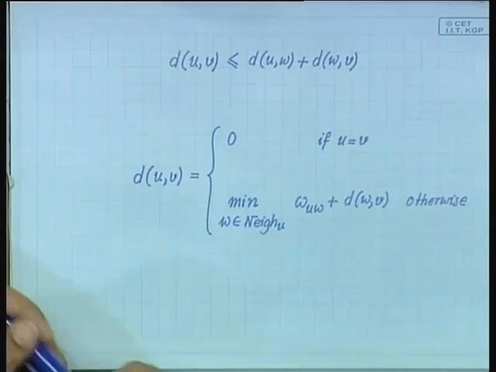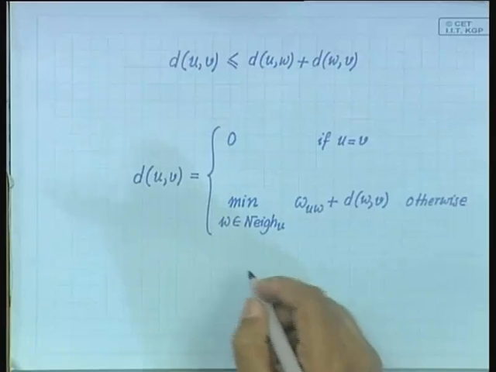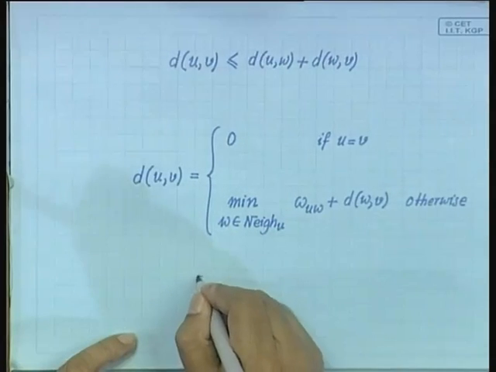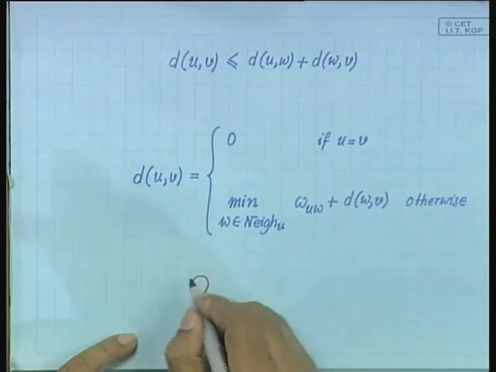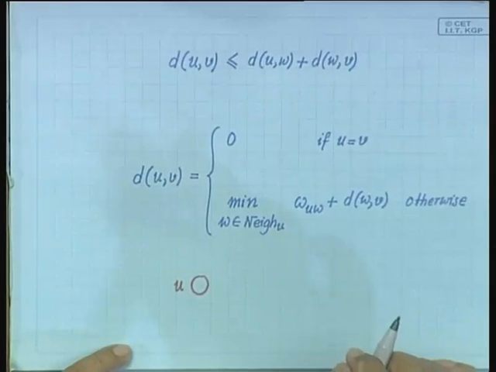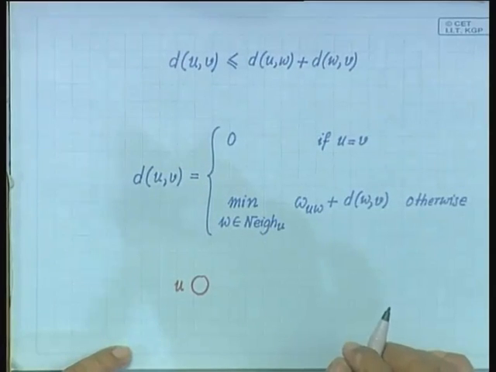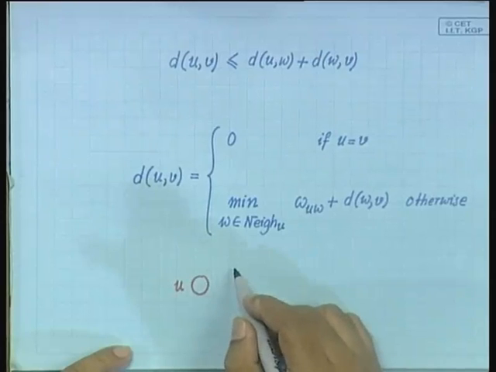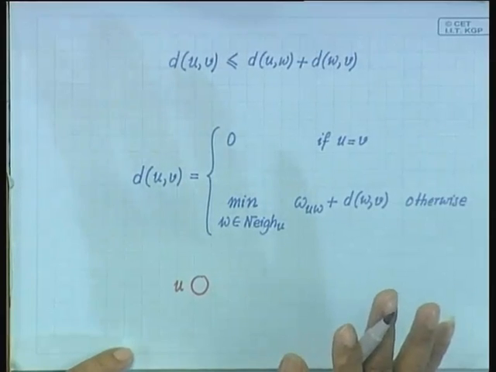What does that mean? It means that if I have u and v is not equal to u, then the path to v must go through one of the neighbors.